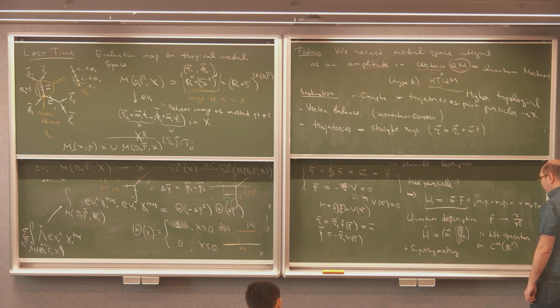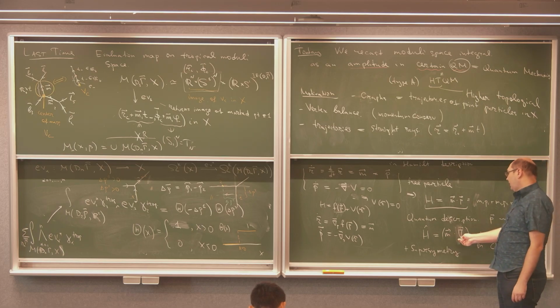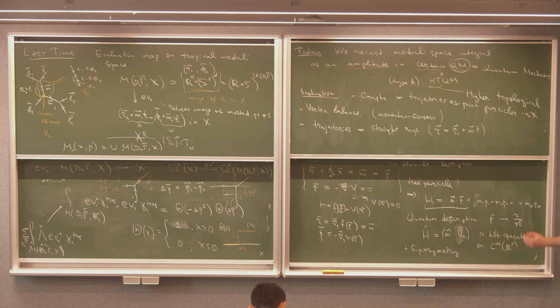And the addition of supersymmetry will do two things. It will promote this Hamiltonian, which is very simple, like m times the gradient in a radial direction acting on functions.